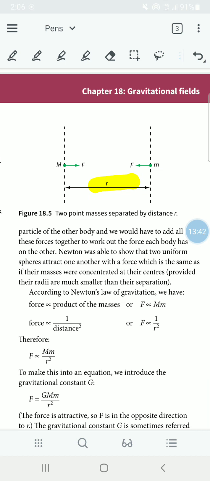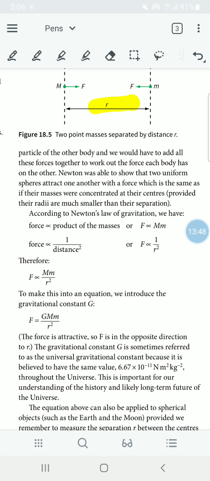Please draw figure 18.5. Pause the video and draw figure 18.5. And after that, I want you to write down these equations as it is.